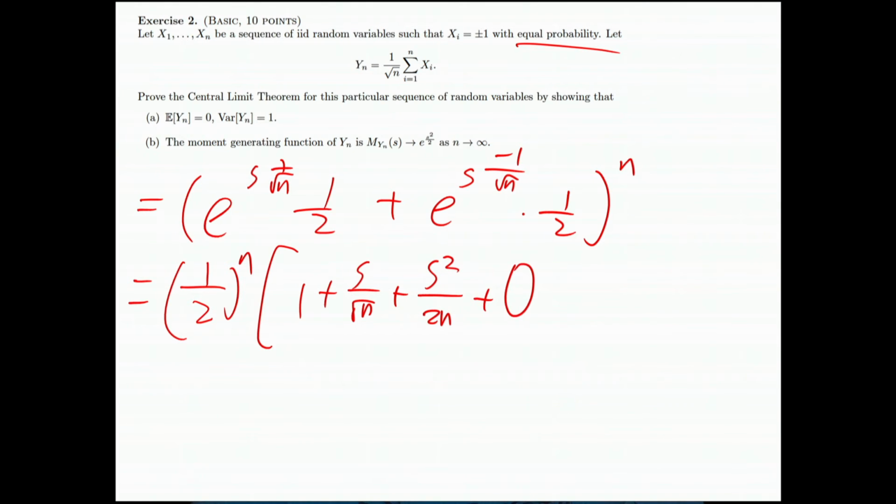After the third term, I don't care, so I can put this here, and also the second term, take the Taylor expansion.